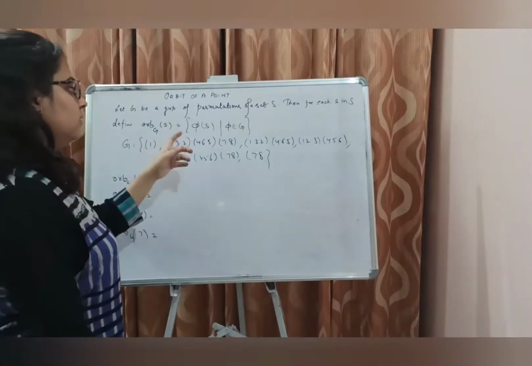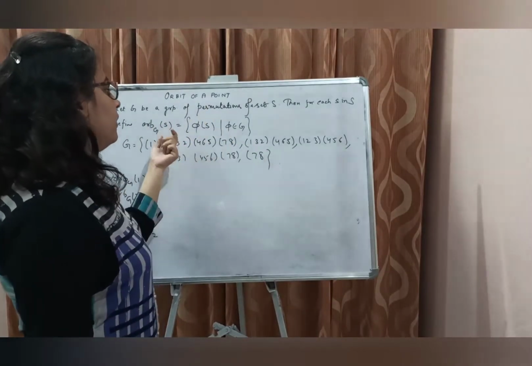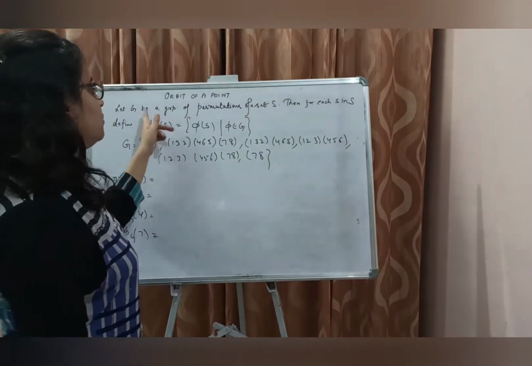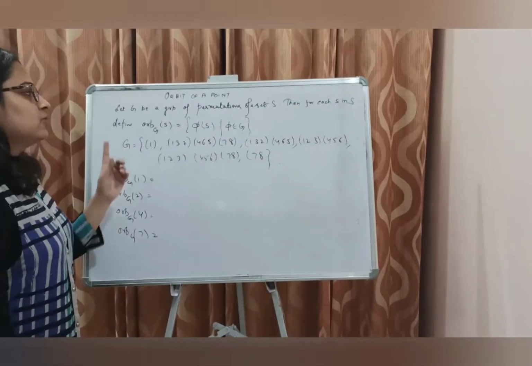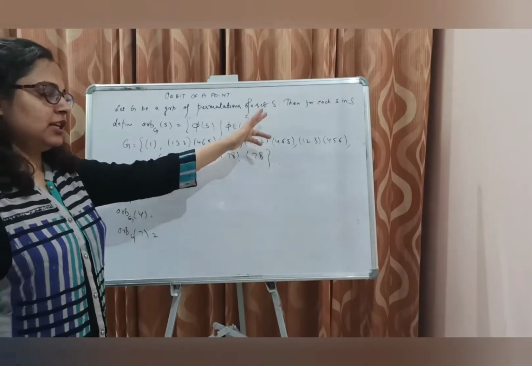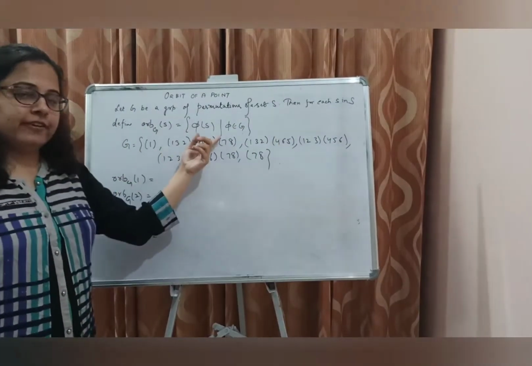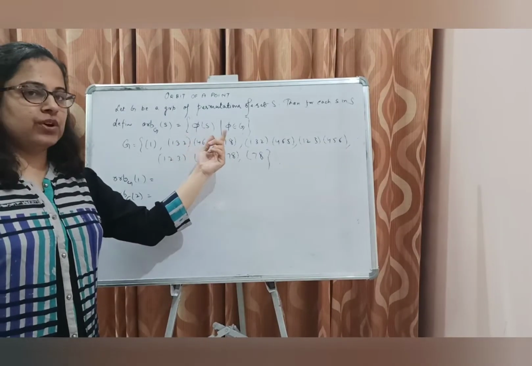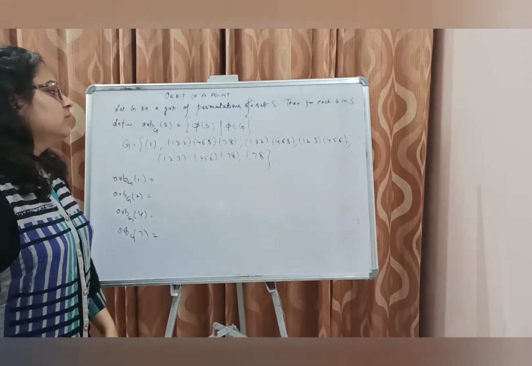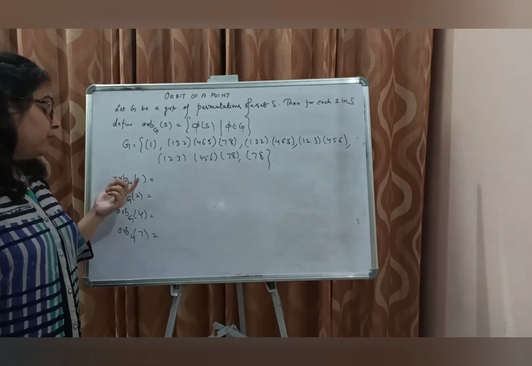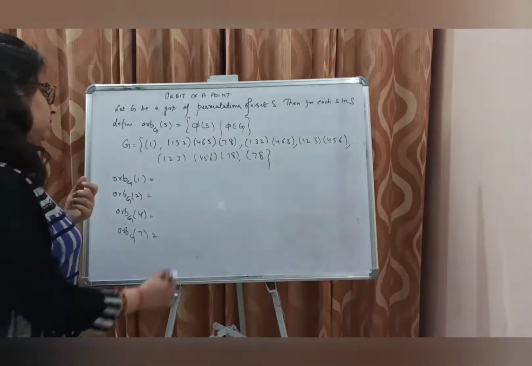The orbit of a point is the collection of all values against all the permutations of a set S. So if G is a group of permutations of a set S, then for any point in S, we define the collection of phi of S, where phi belongs to G. So let's calculate the orbit of 1.